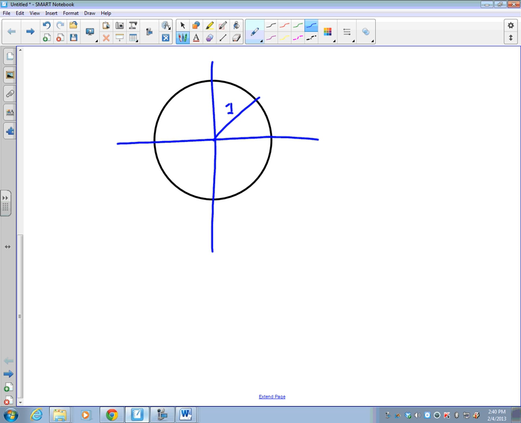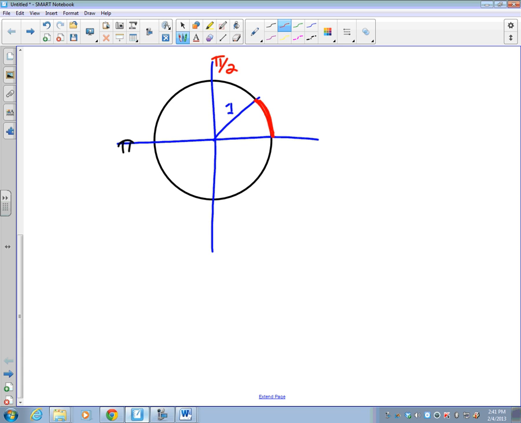If I were to ask you what the length of this arc length is, well, it turns out that, let's say this is pi, right? So this would be half of pi, 90 degrees. So that would be pi over 2.